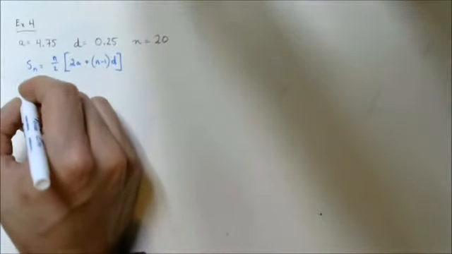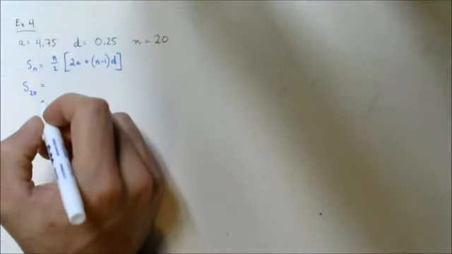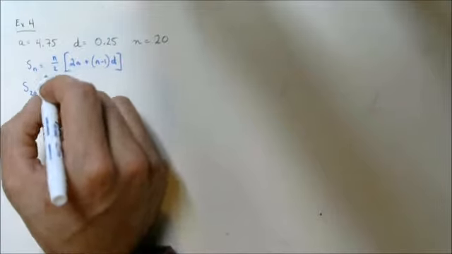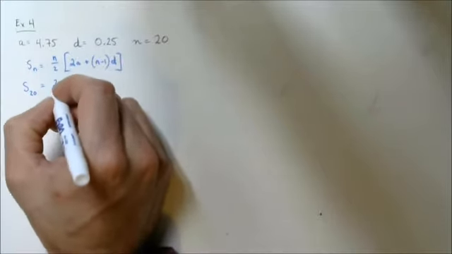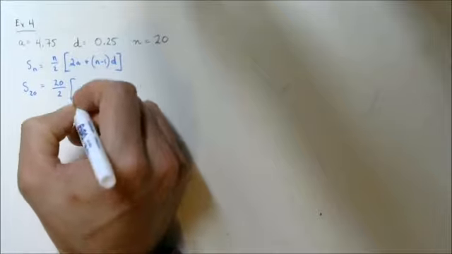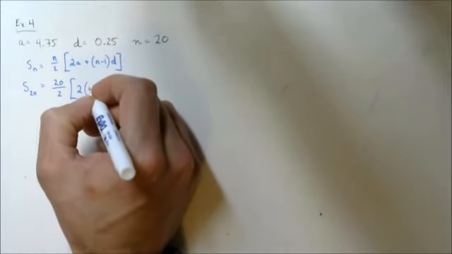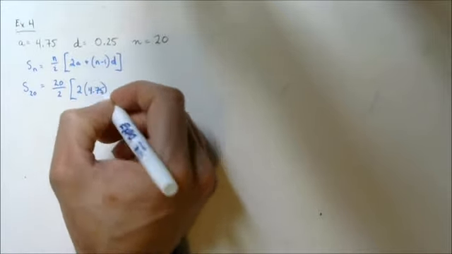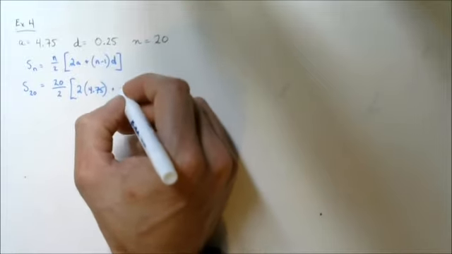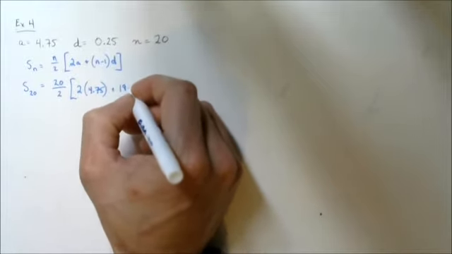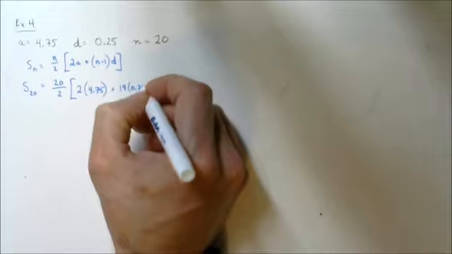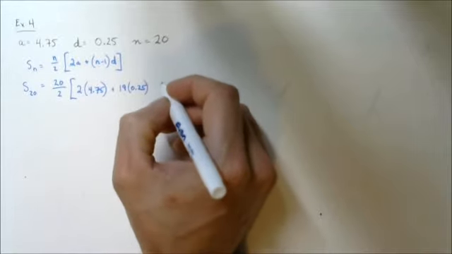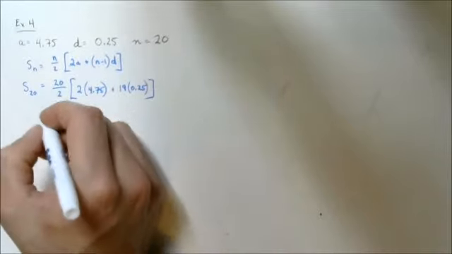All right, let's find the sum of the first 20 terms using option 1 and formula 2. We've got 20 over 2 in brackets, 2 times 4.75, plus 19 times 0.25. Close it off.